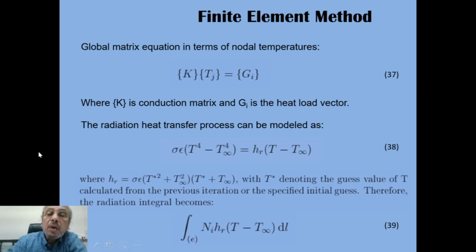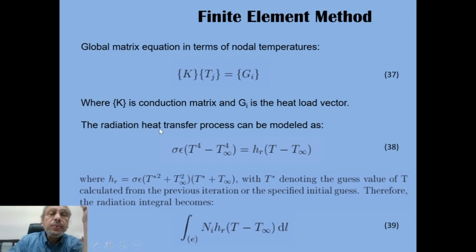That will also depend on whether we discretize the domain by triangular elements or quadrilaterals, which will decide the total number of points. And Gi is the heat load vector. This we also explained in the last slide.